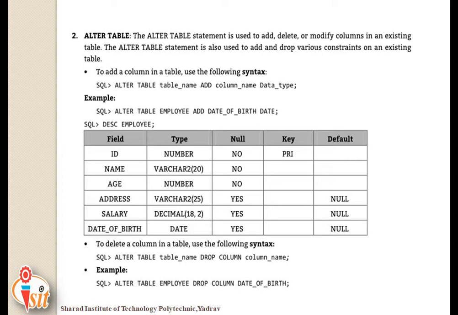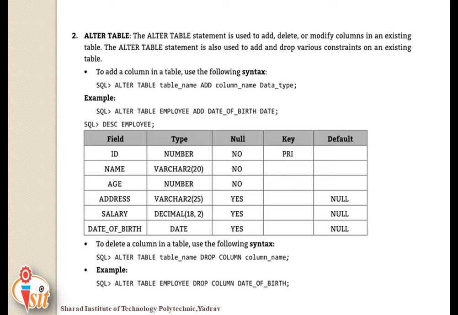To add a column in a table, use the following syntax. That is SQL, alter table, then the table name, add column name, data type. Which column you have to add is merged with the command alter table: write the table name, and add which column, that is column name having which data type.